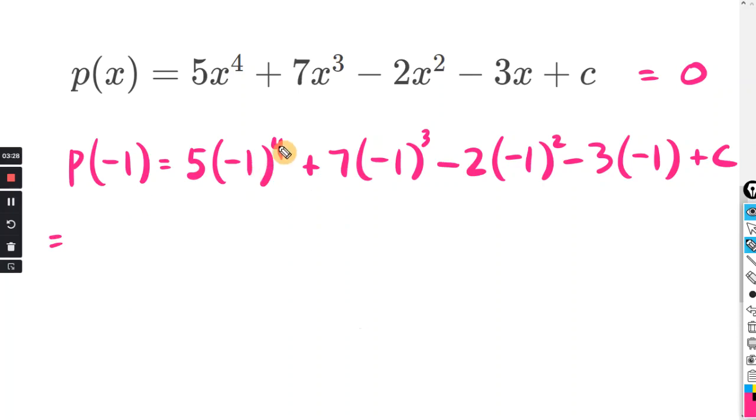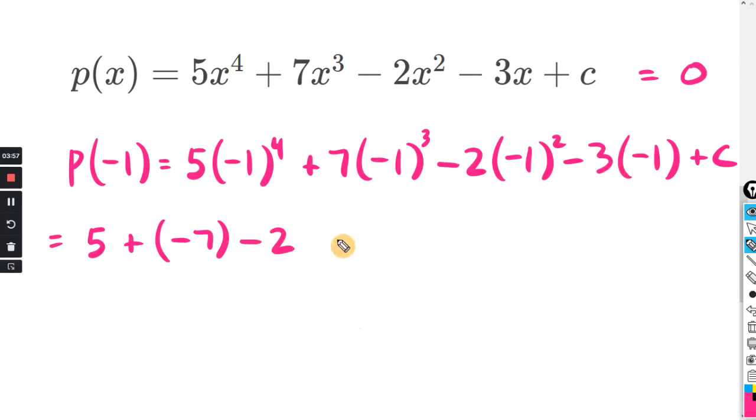So (-1) to the 4th, if you multiply -1 4 times, you're going to get +1. 5 times +1 is 5. And for the 7, -1 multiplied 3 times is -1, times 7 is -7. (-1) squared is +1 times -2 is -2.